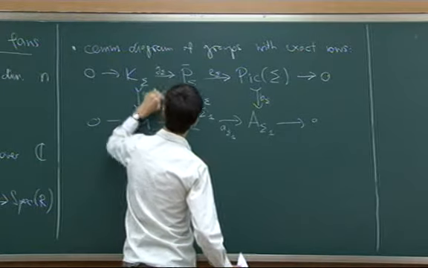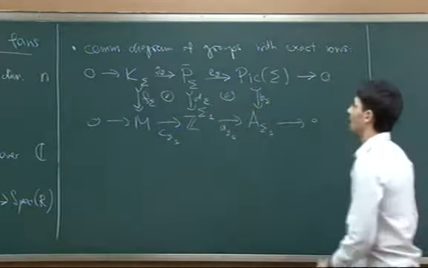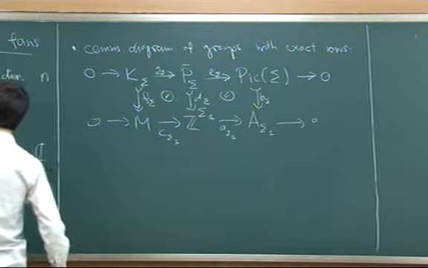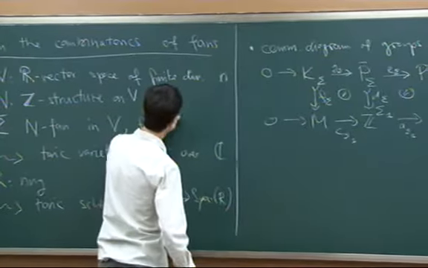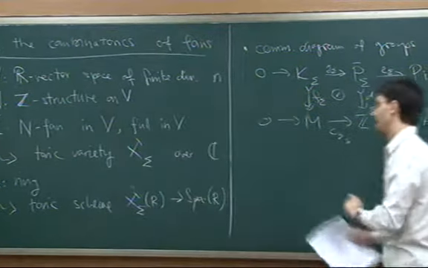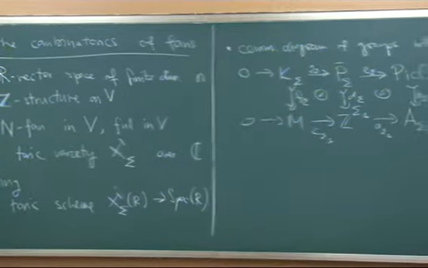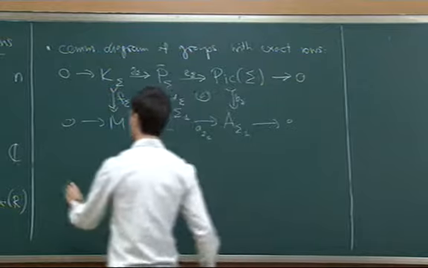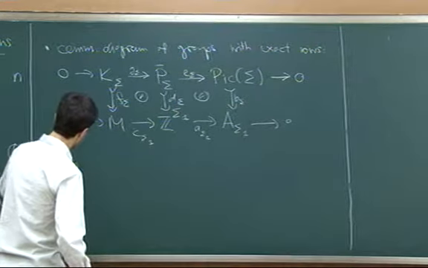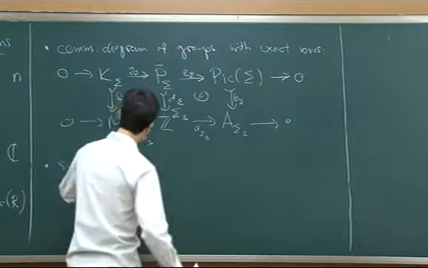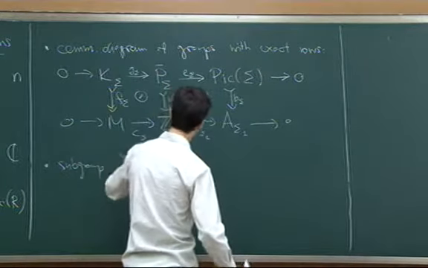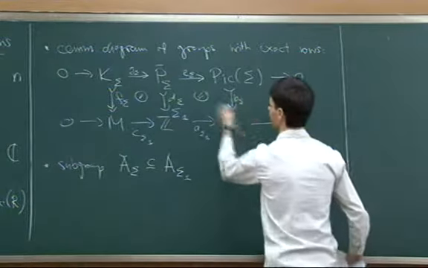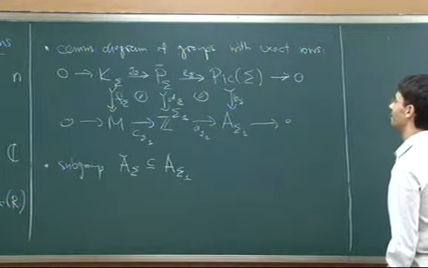For convenience, we always assume this fan is full, so it does not lie in a hyperplane. Otherwise the things get a little bit more complicated. So this diagram is the first part, and there is a second part, namely just a subgroup A of A sigma 1. This just doesn't fit in this nice picture, therefore it's separate.